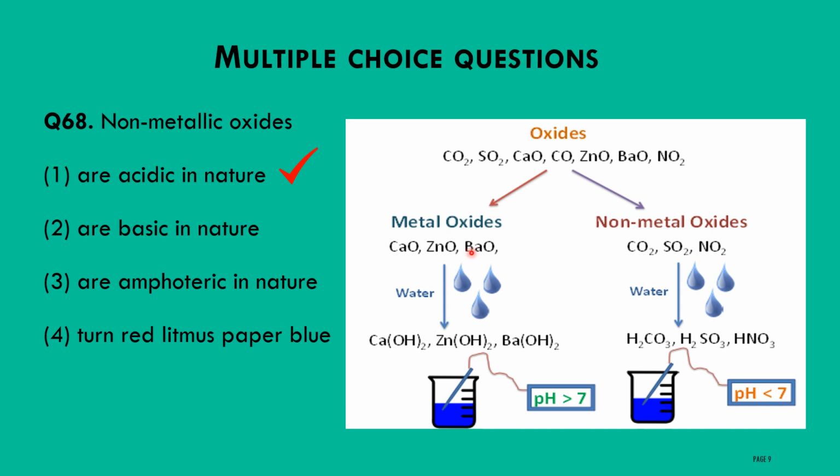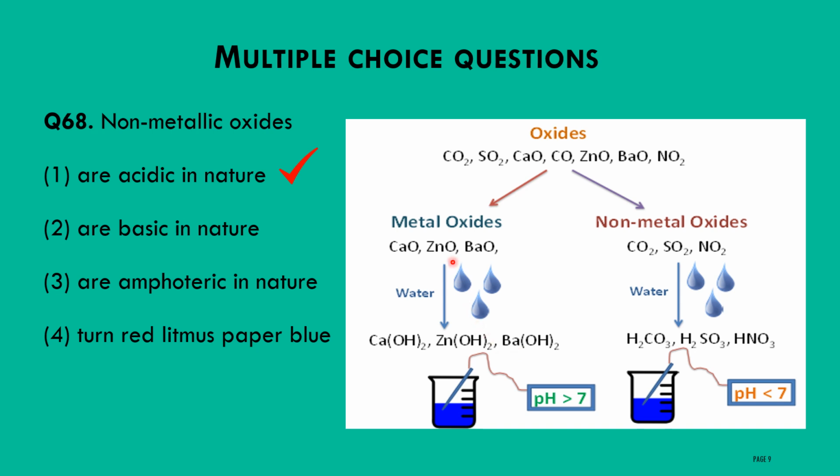Normally we have two types of oxides, one is metal oxides, another one is non-metal oxides. Metal oxides, for example, calcium oxide, zinc oxide, barium oxide, when they react with water, will form respective hydroxides like calcium hydroxide, zinc hydroxide, barium hydroxide.